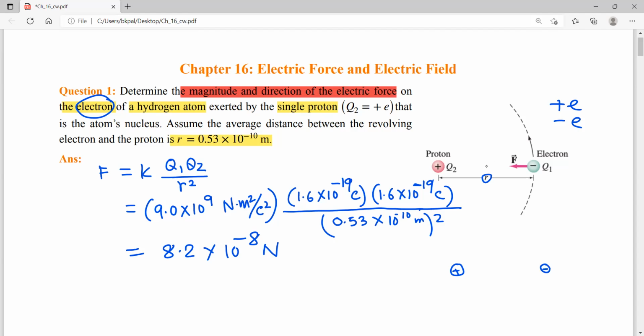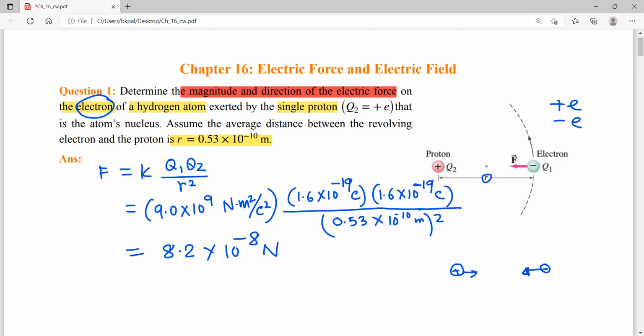Now if we have a positive charge and a negative charge here, you know that positive and negative are attracted to each other. So in this situation, if there is just a single positive charge and a single negative charge, the positive charge will feel an attraction in this direction and the negative charge will feel an attraction in this direction.